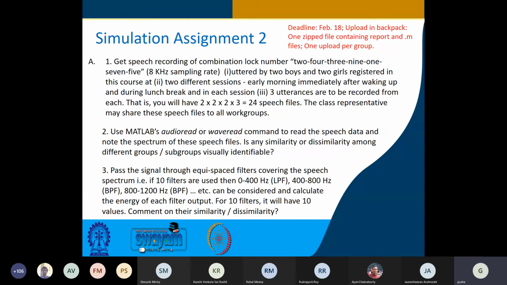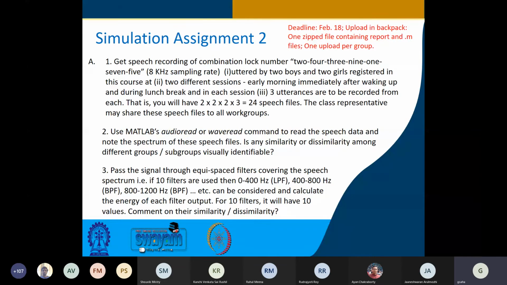Now I believe we can move to the next thing, the simulation assignment, group based, size of 4 maximum. Let me explain what is expected here, so please listen carefully.